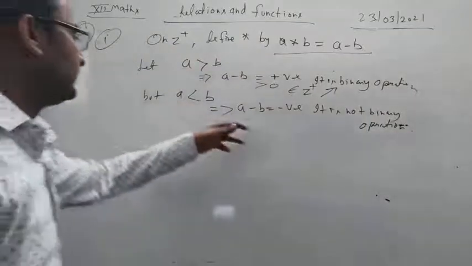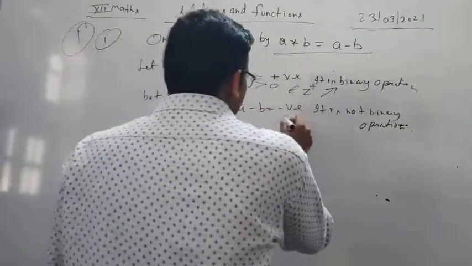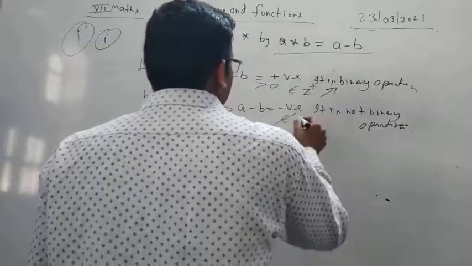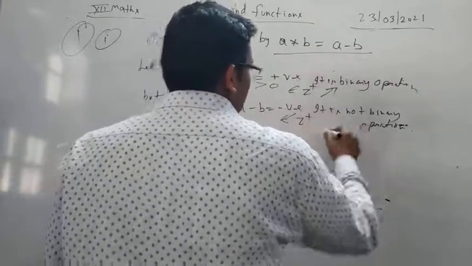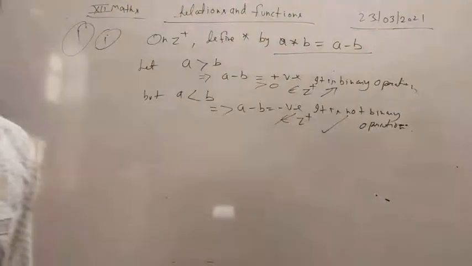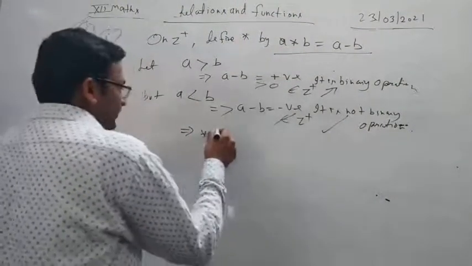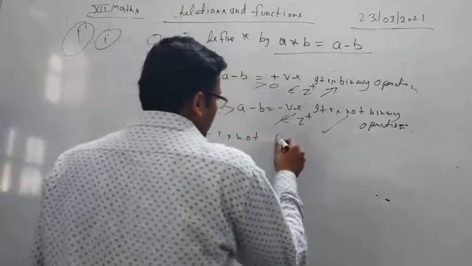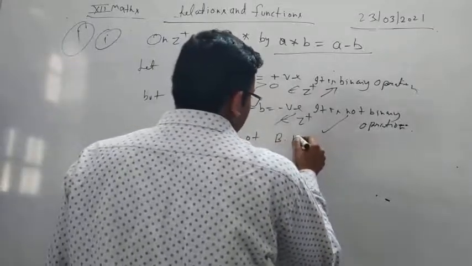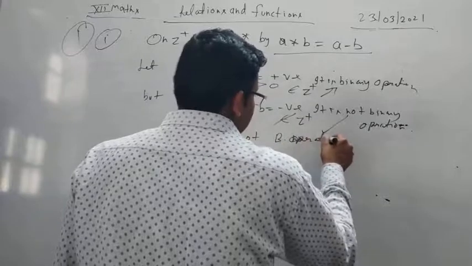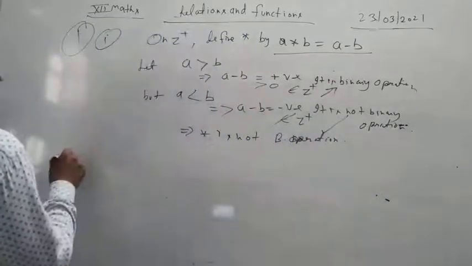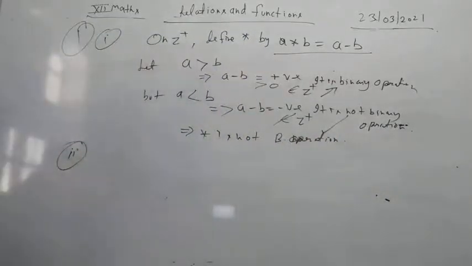But if A is less than B, this is negative, not belonging to Z plus, so this is not a binary operation. So friends, we say that this star is not a binary operation.